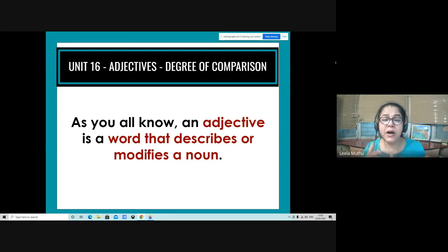It can be how they are, how much of it is there, the number of the noun that is there, and so forth. Here let's talk about qualities and how we compare these qualities in either two of the same noun, or when we are doing a comparison related with many nouns in the same place.